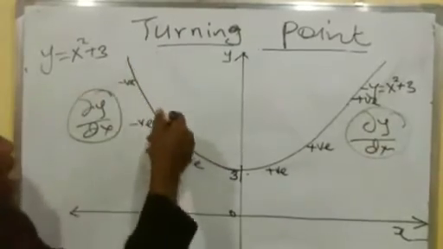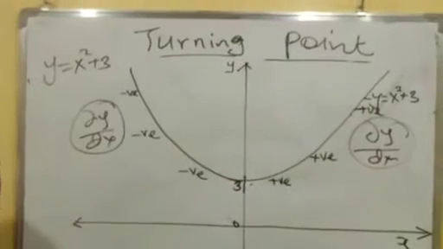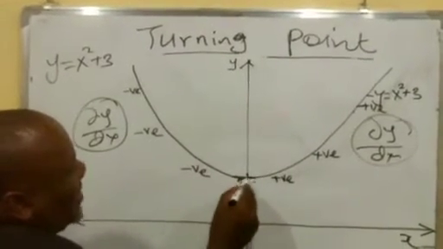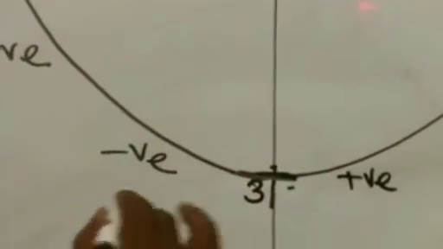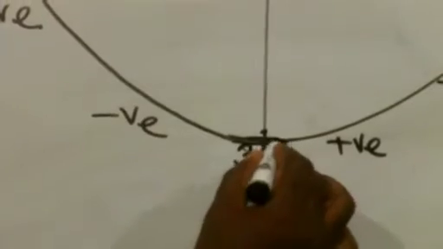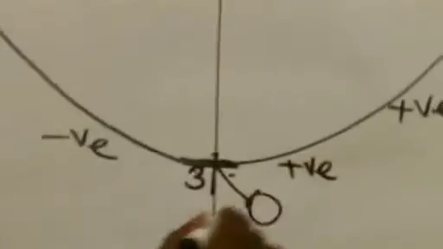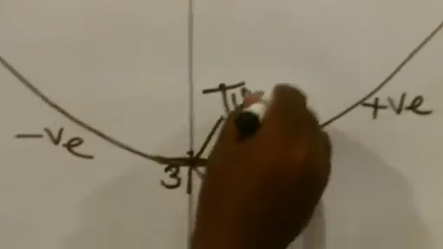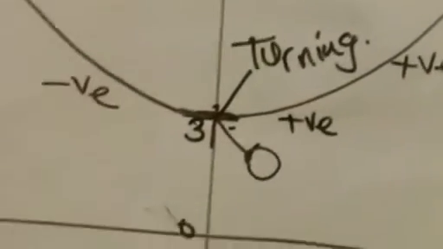This one, as you go down, is negative, and this one, as you go up, is positive. But there's a particular point which is going to be our interest, this point where the gradient is not rising or not falling, this point where the gradient is equal to 0. This is what you're calling the turning point of this curve.